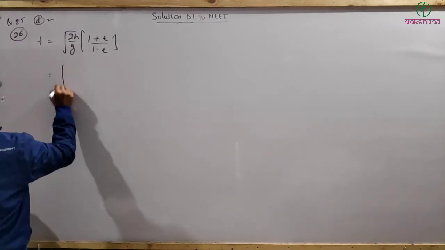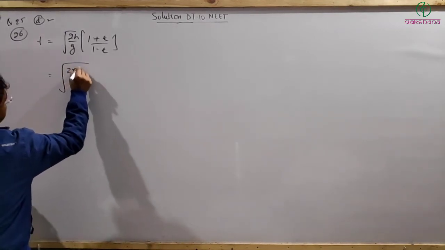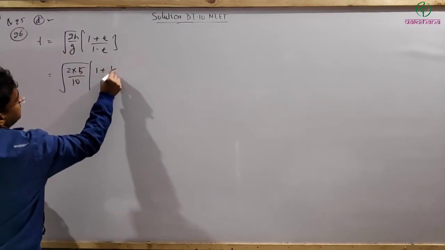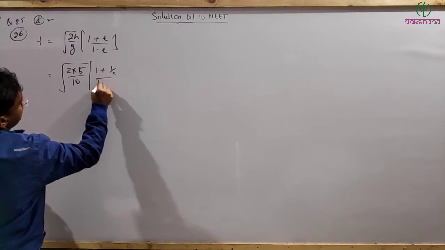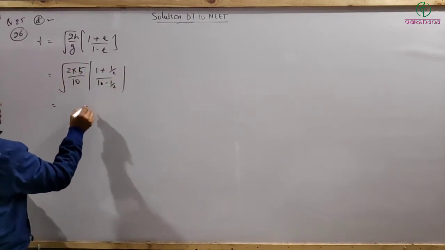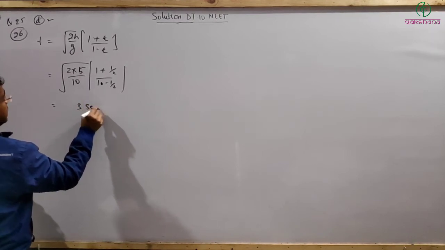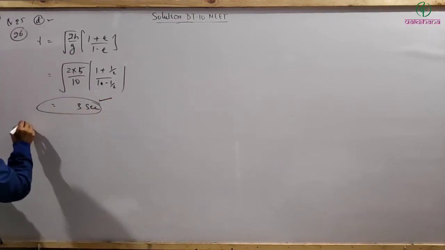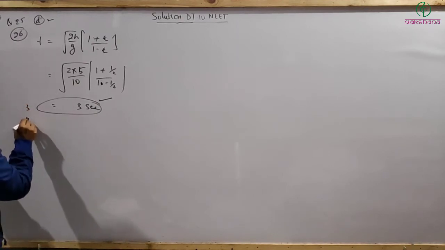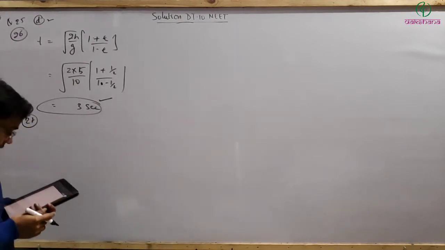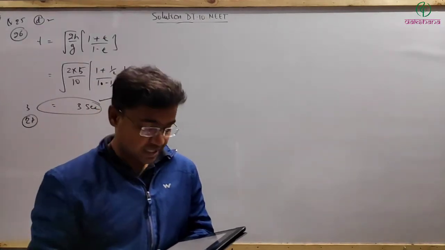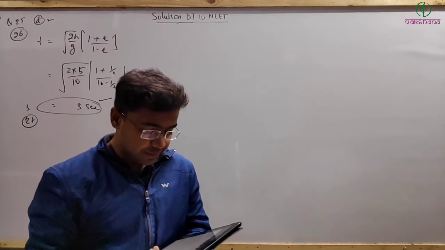So substituting the values, 2h is 10, so this is 1, 1 plus 1 by 2 divided by 1 minus 1 by 2, and this is 3 by 2 divided by 1 by 2, and it comes out to be 3 second is the answer to the problem. So that matches with option number 3. Next, question number 27. Bullet of mass m hits block of mass capital M, the transfer of energy is maximum.